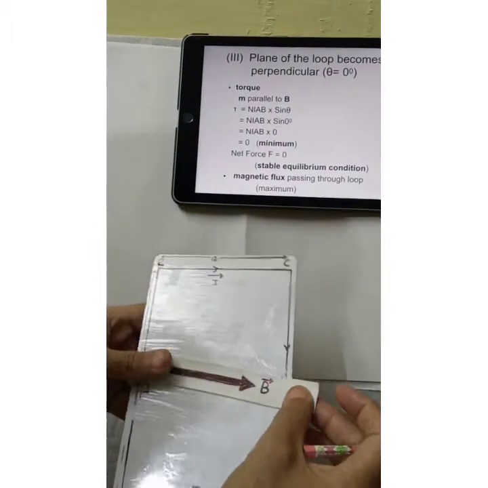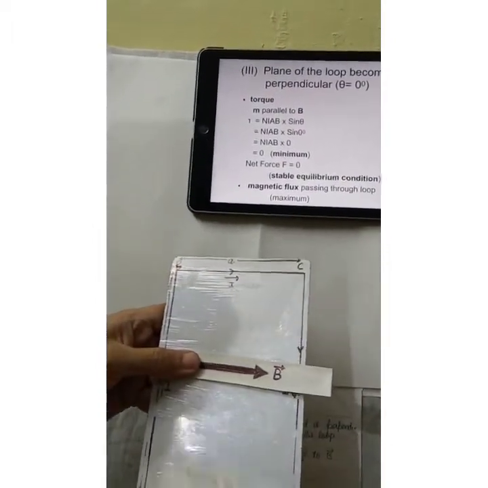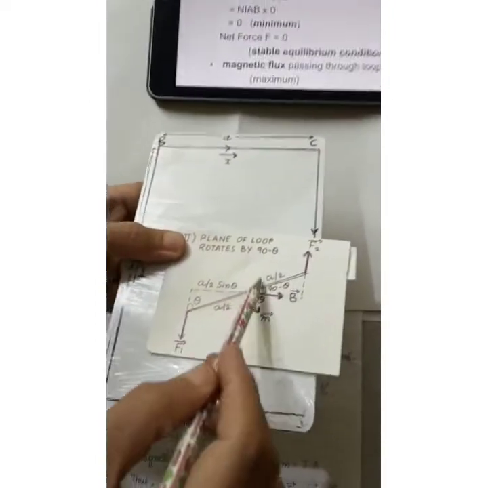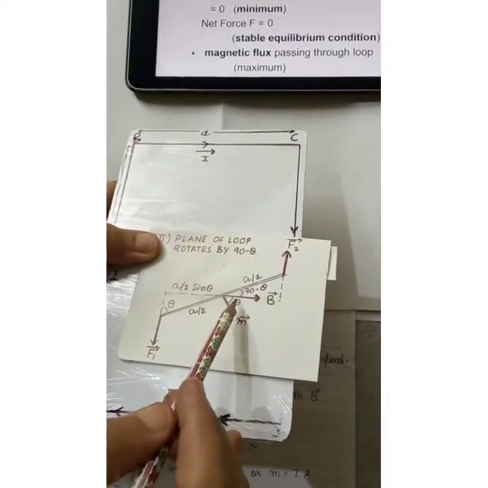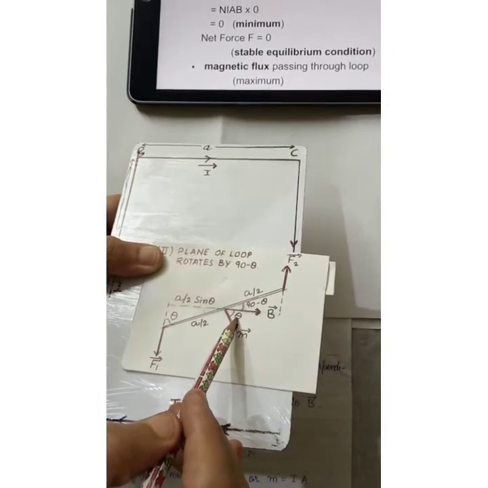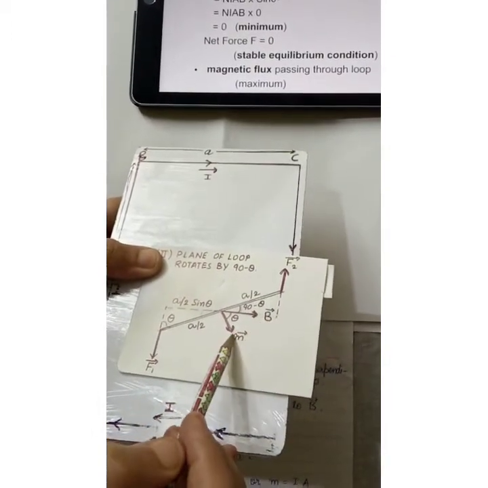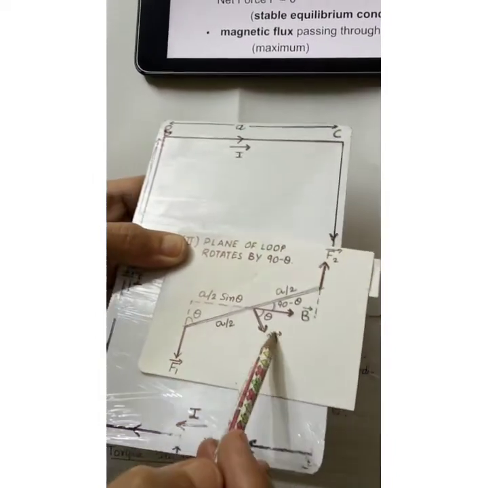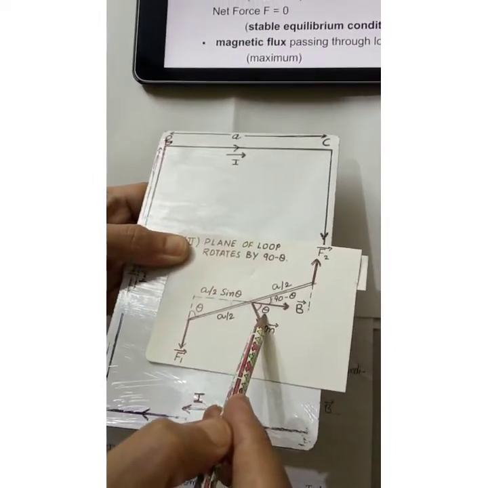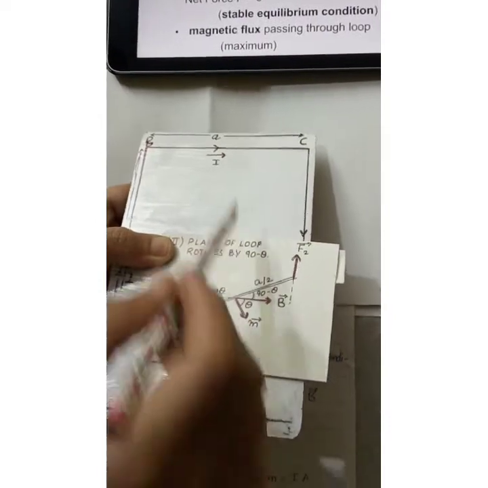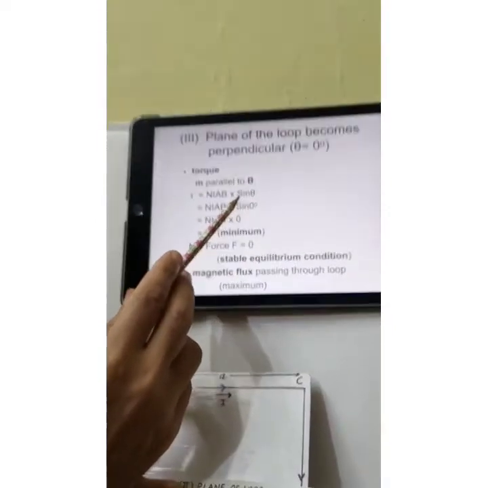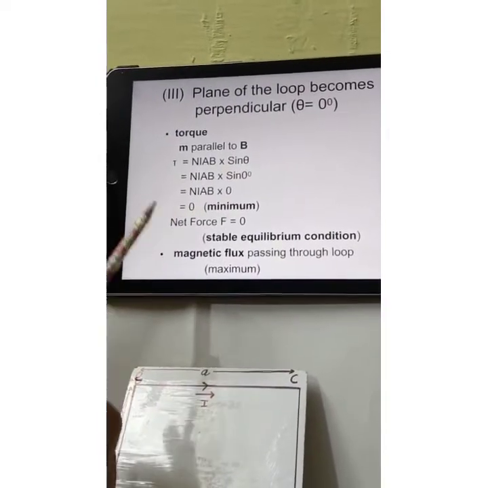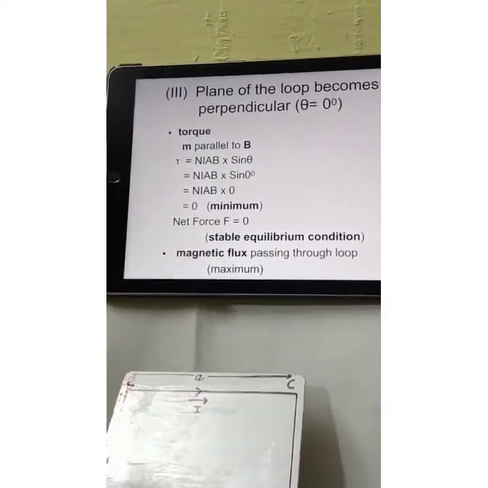In this case, when this loop becomes perpendicular to the magnetic field, the theta becomes 0. M becomes in the direction of B. So therefore, when theta becomes 0, the sine theta becomes sine 0 and torque becomes 0. That is the minimum torque.